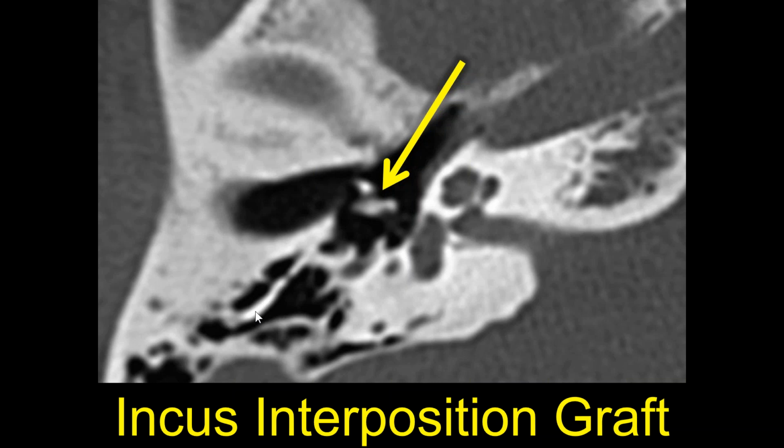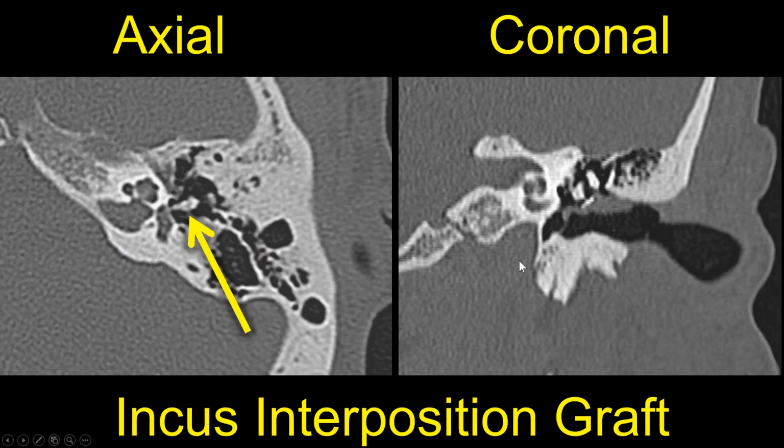So another example of a case, here's an axial and a coronal CT, and here's another incus interposition graft. It looks very unusual. It doesn't look like the normal. So here we have the incus interposition graft that's in place that's trying to connect the malleus to the stapes at that location. Just another example of an incus interposition graft.